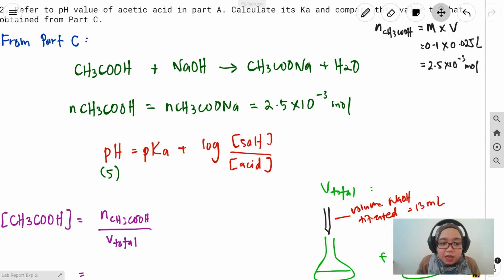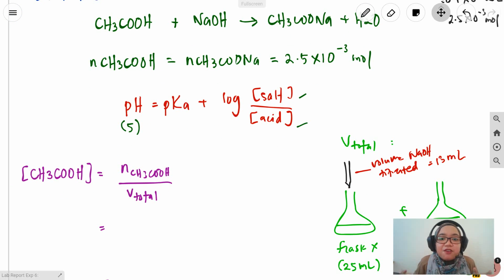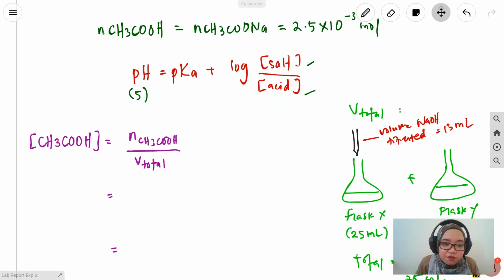Okay, so now we know that pH is equal to pKa plus log concentration of salt divided by concentration of acid. So we need to find the concentration of salt and acid. The concentration is new because it is after the reaction, right? So to find the concentration of acid, we need the number of mole divided by total volume.